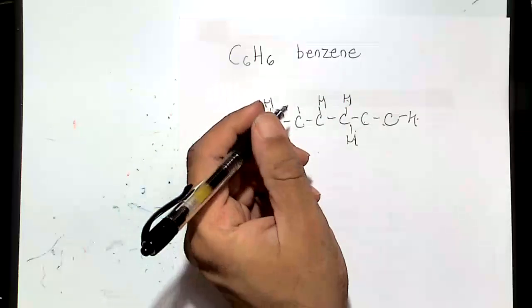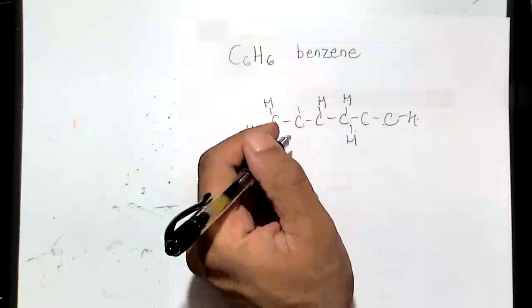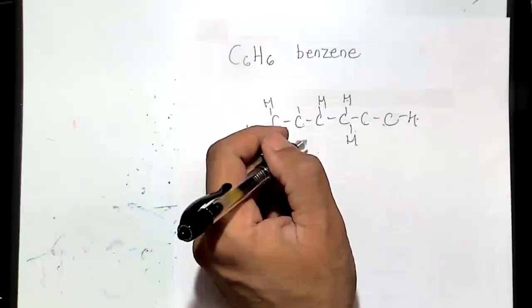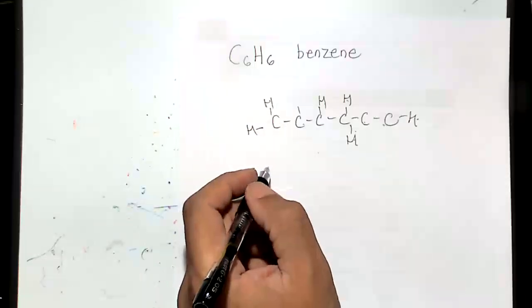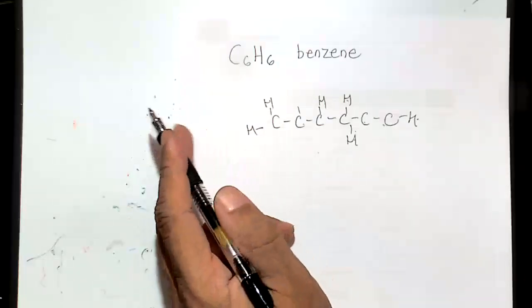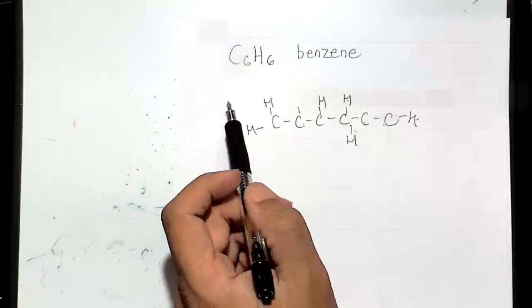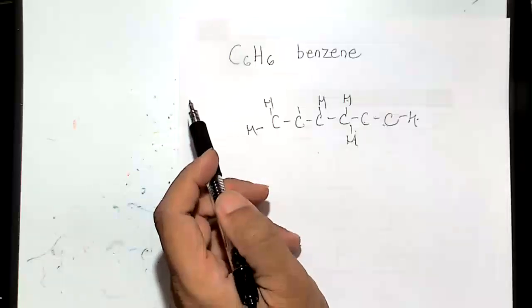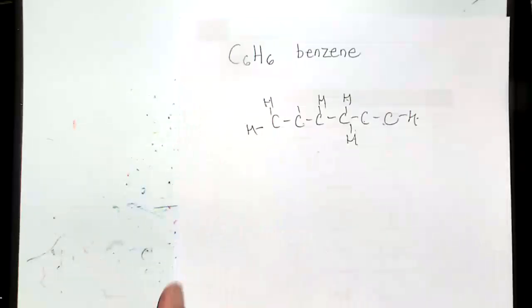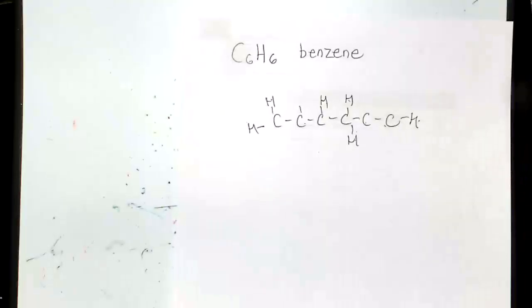Okay, what about this carbon, this carbon, this carbon? Something is not right. Can I put a double bond? Can I put a triple bond? What can I do? Okay, what can benzene do? How do I get 6 carbons and 6 hydrogens together?